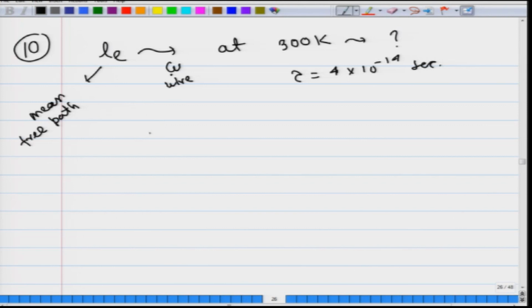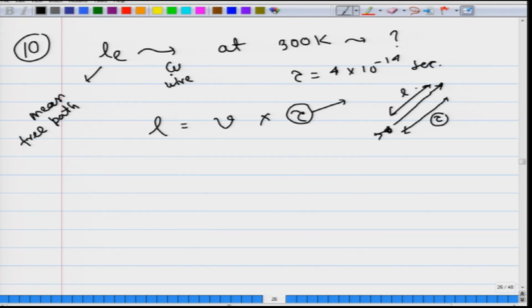So now the mean free path will be the mean thermal velocity into the relaxation time, the time required for two successive collisions. Suppose the electron has one collision here and another here, it again collides, and to travel this distance it takes time tau. So this is the relaxation time and the length is L, the mean free path, and V is the mean thermal velocity, and here it is one dimension. So we know that mean thermal velocity will be root under kT by m.